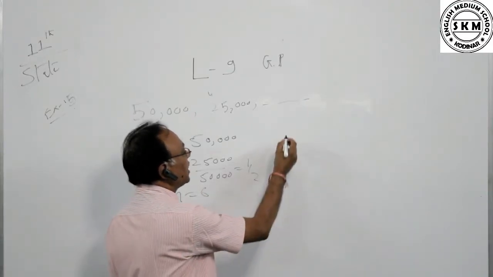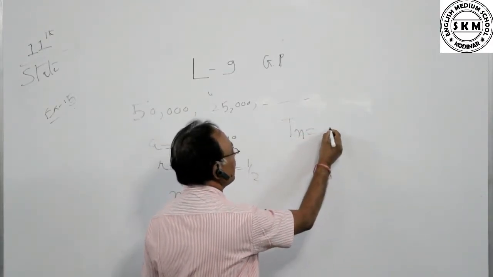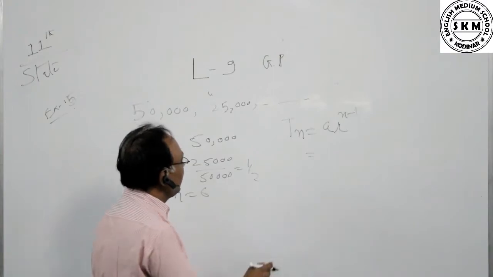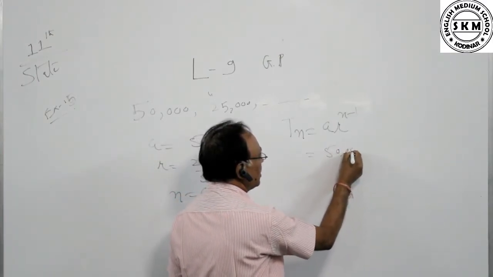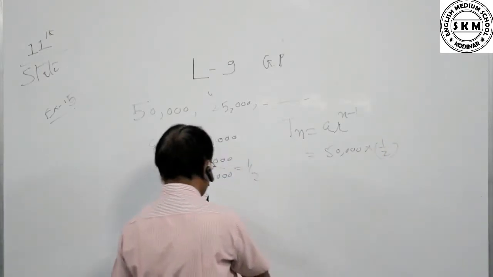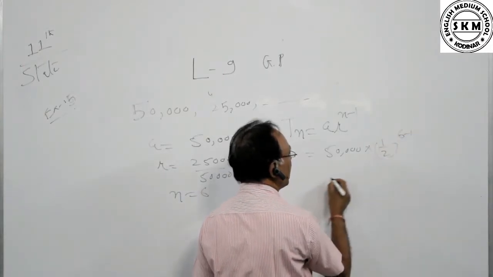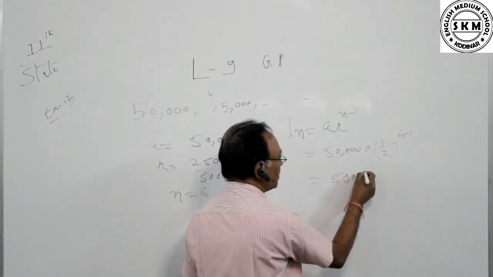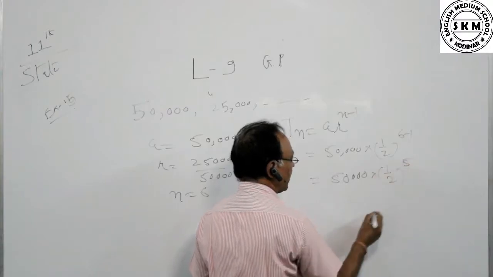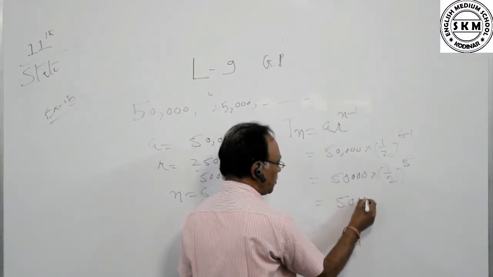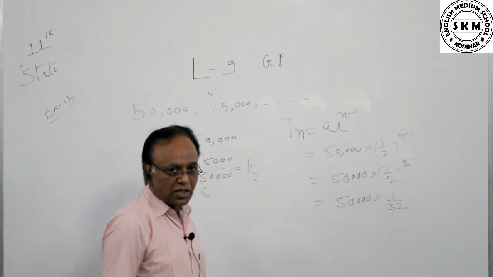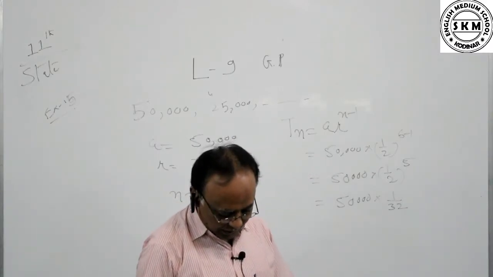Now apply the formula. Tn is equal to a r raised to n minus 1. a is given here, 50,000, multiplied by ratio 1 by 2 raised to 6 minus 1. 50,000 multiplied by 1 by 2 raised to 5 is equal to 50,000 multiplied by 1 upon 32. 2 2s are 4, 2 4s are 8, 2 8s are 16, 2 16s are 32.